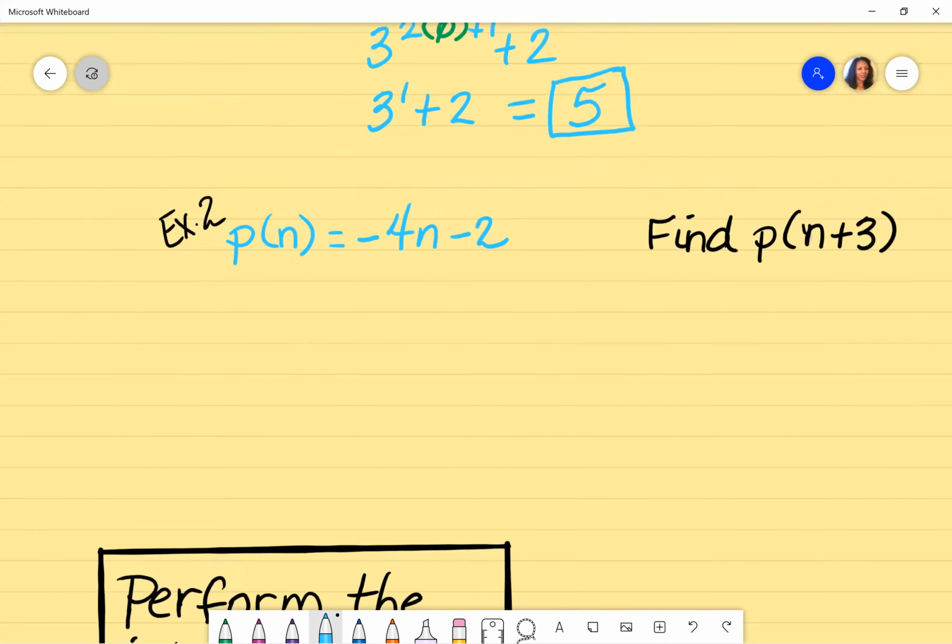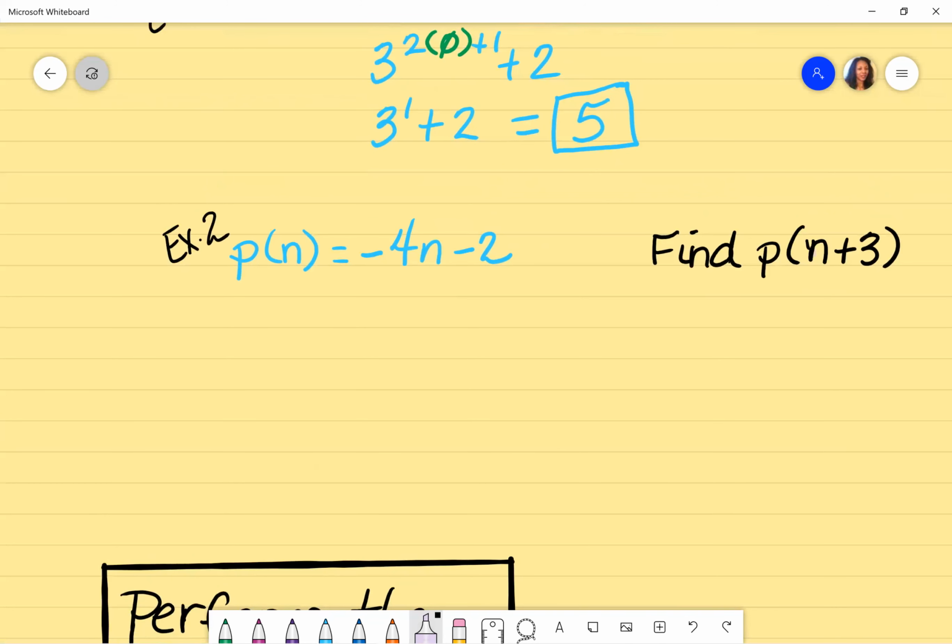For example 2, I am still evaluating, but this time I'm replacing my n with an expression. So every time I see n in my function, I'm going to replace it with n plus 3 per the directions, -4, and also make it a habit of when you're replacing your variable, put it in parentheses, n plus 3 minus 2.